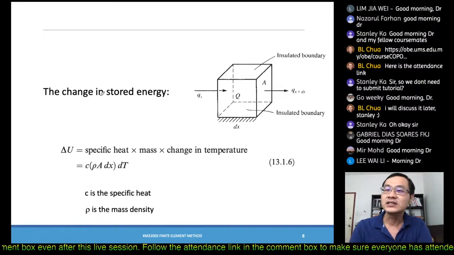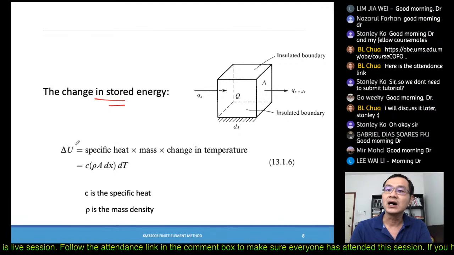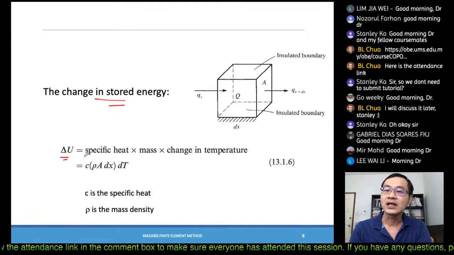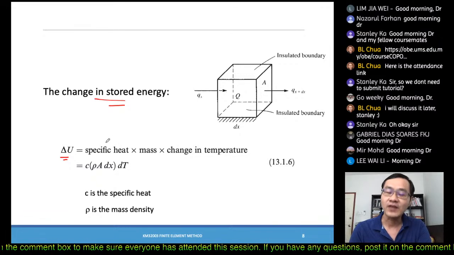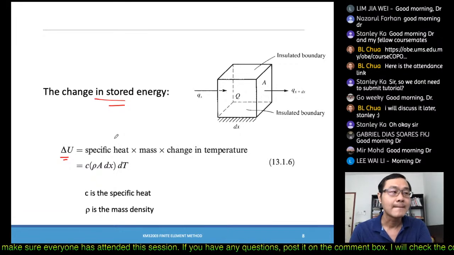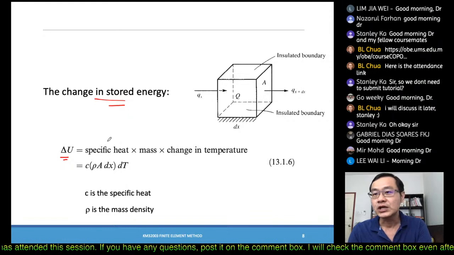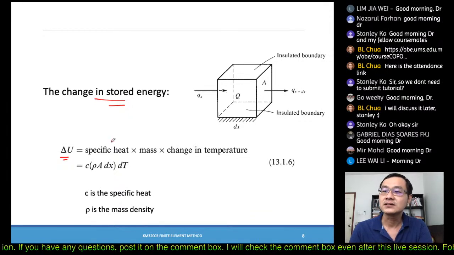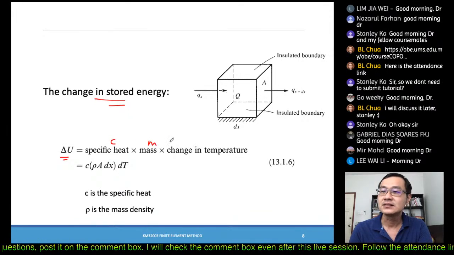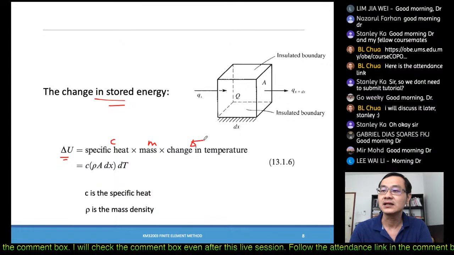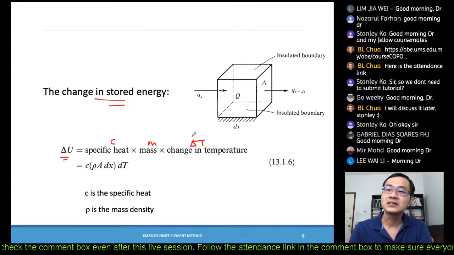This energy stored would be delta U, which you are very familiar with since secondary school, where you have specific heat C, the mass, and delta T. You can see that mc delta T.